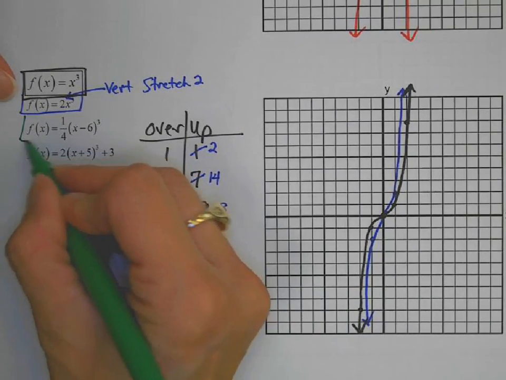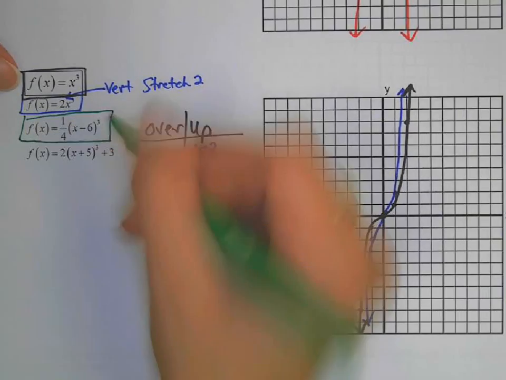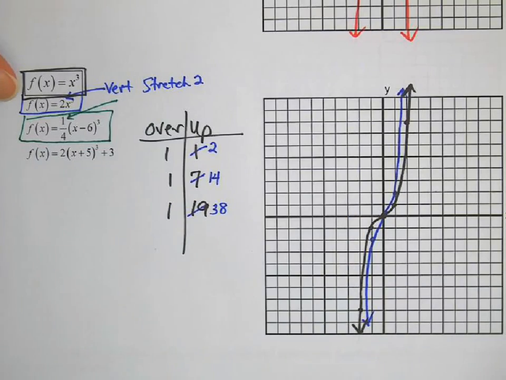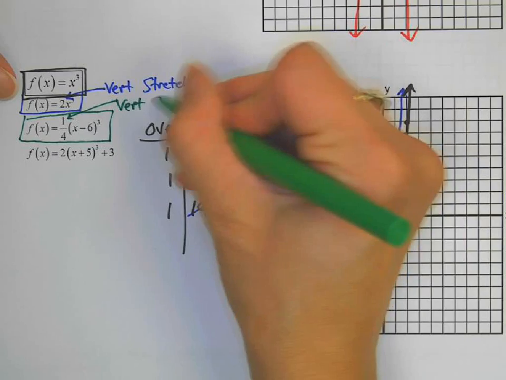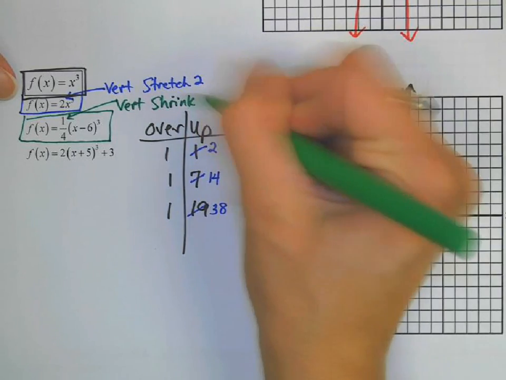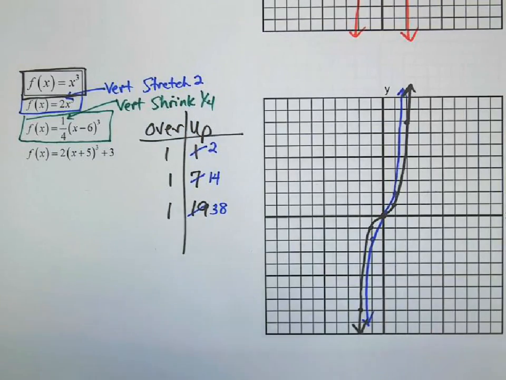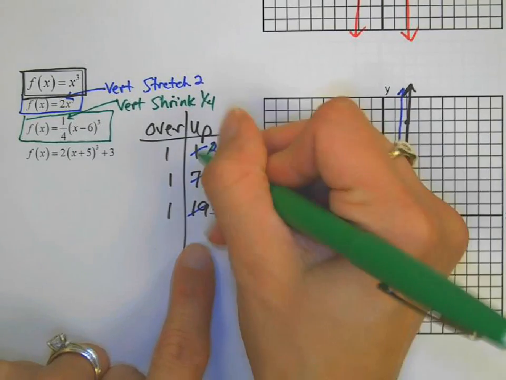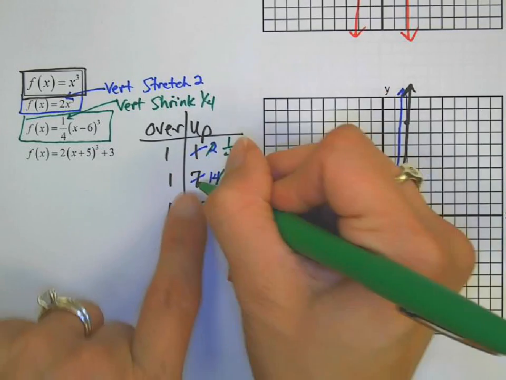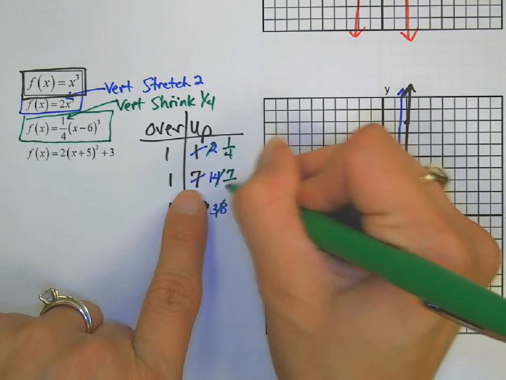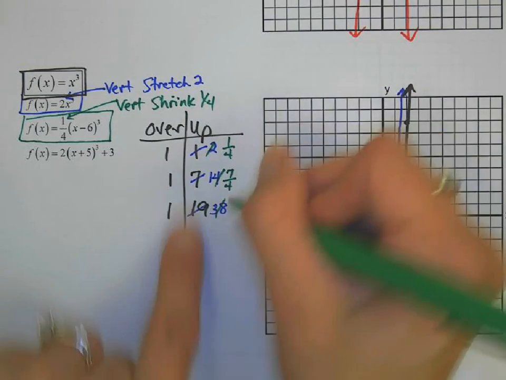Okay. The third one here, I see 2 transformations. What does that 1/4 mean? It's out in front, so it's a vertical shrink by 1/4. Okay, so let's take our original vertical numbers. 1 would become 1/4. 7 would be 7/4.